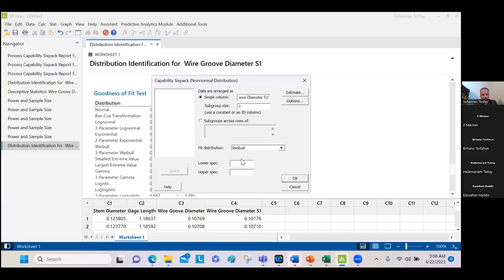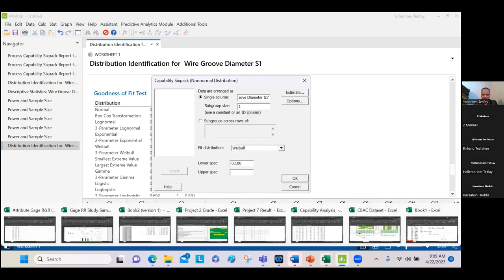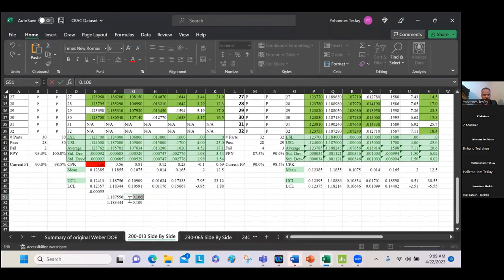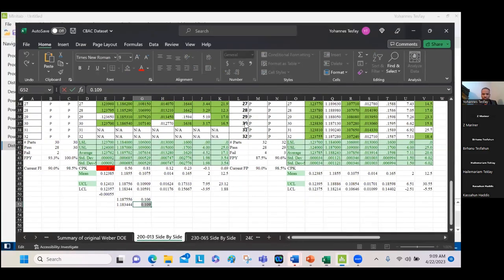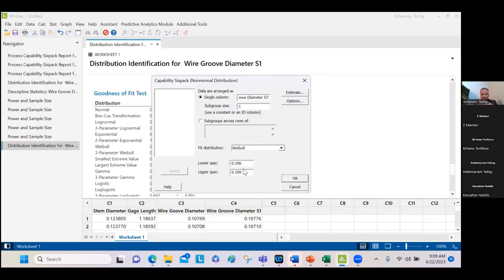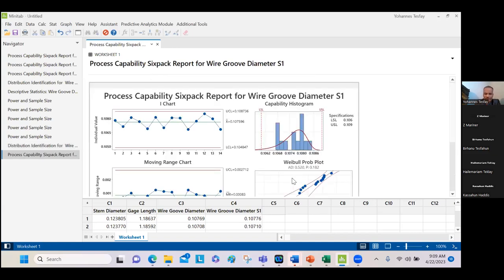This is my lower spec, and upper spec is, this is my upper spec right here. Then I'm gonna do, okay.